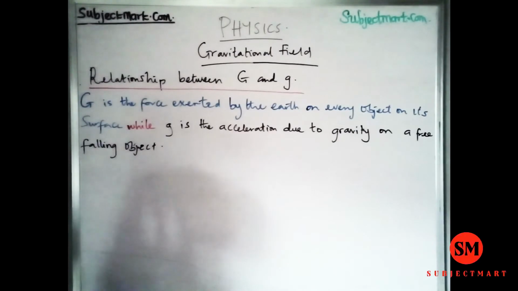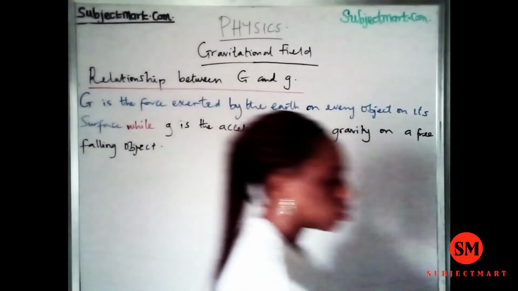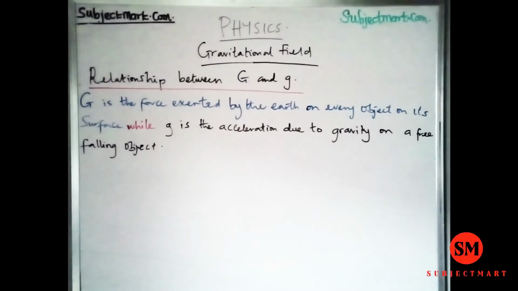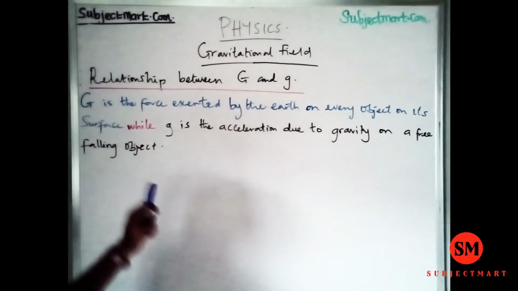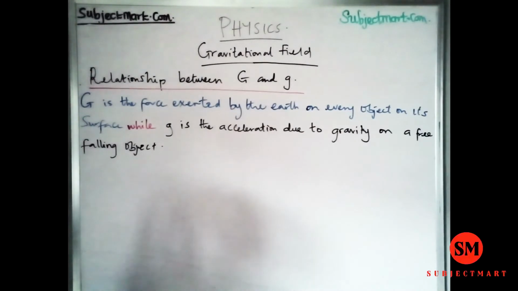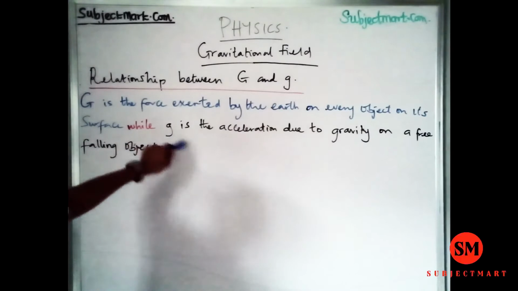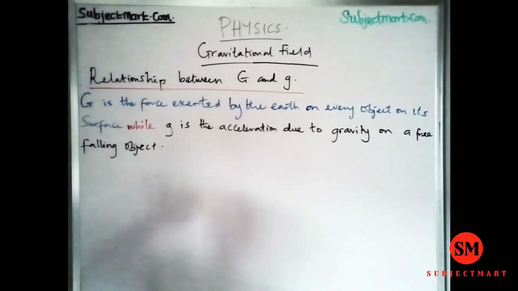That means every object on planet Earth experiences a force which we call capital G, which is the gravitational force. While small g is the acceleration due to gravity on a free-falling object. Already we have an established fact that every object on the Earth experiences a force. But small g is peculiar to any free-falling object.